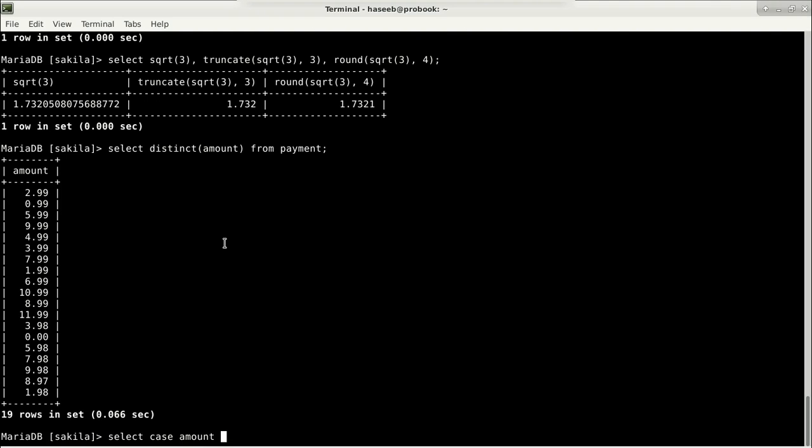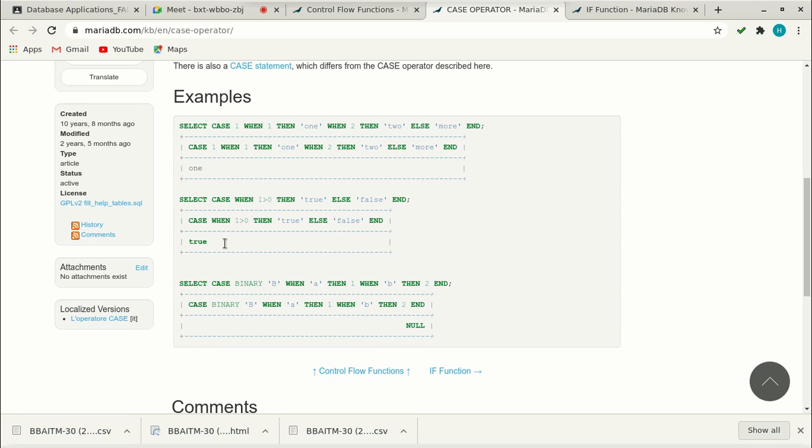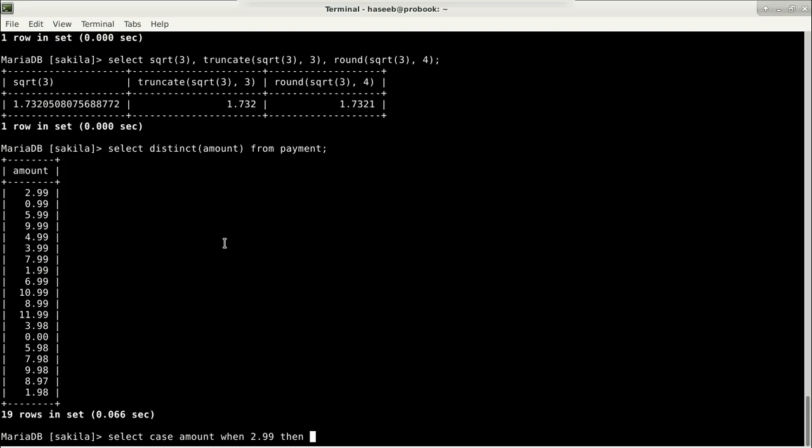So we say select case amount when 2.99, then I want to print something.